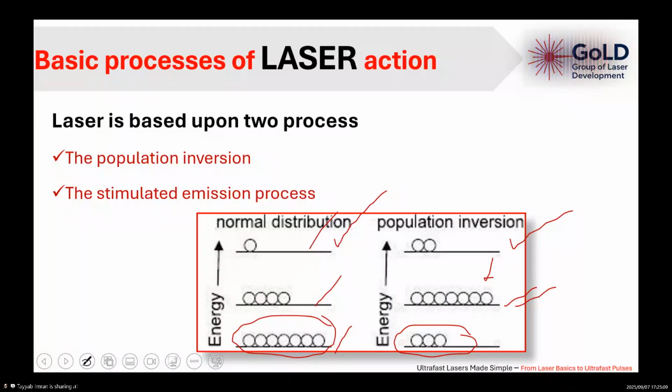In the normal case, the lowest energy level or energy state is always highly populated. So we supply energy from outside to make this possible, to have population inversion, and then lasing to happen.